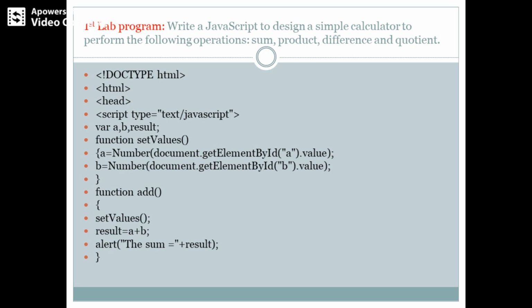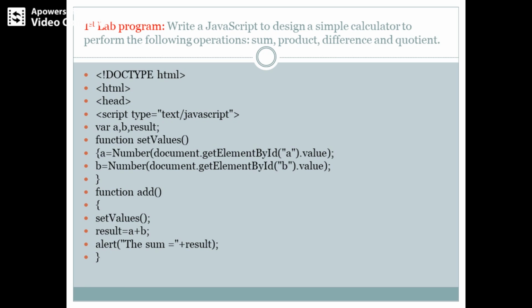The value associated with that ID is important. Therefore, we write it as document.getElementById of that label, A in this case or B, .value. We should take the value from that text box, convert it to a number, and then finally that number will be stored in variables A and B respectively.